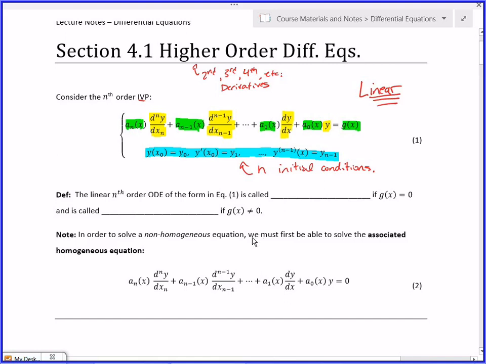Okay. Now, as we go through this chapter, we're going to talk a lot about how to find these solutions. We'll start simple. We'll start with constant coefficients, and then we'll build up from there and show that we can come up with a solution to just about any of these.